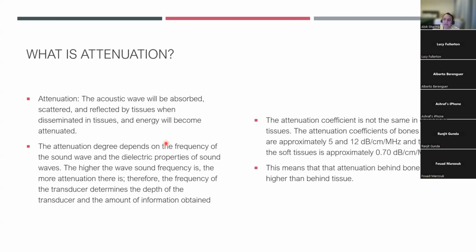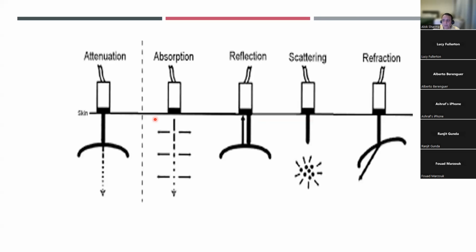It means that sound waves generated by the ultrasound probe will not only be reflected by tissues, but will interact with them. In areas that have less attenuation, the interaction with tissues will be better and the resolution of those images will be better.